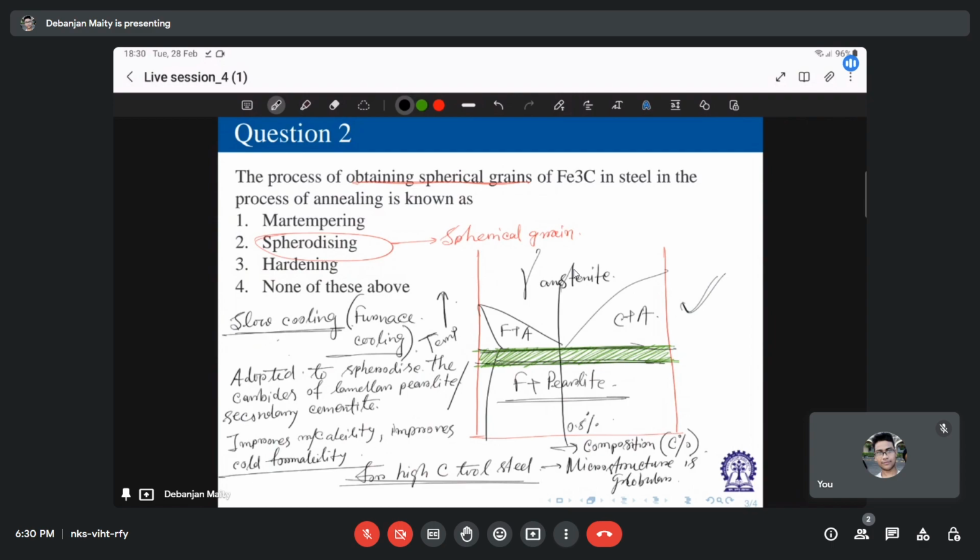And the methods adopted to obtain this globular structure all depend on the spheroidized annealing process. We'll discuss the martempering and hardening process also in the subsequent slides.